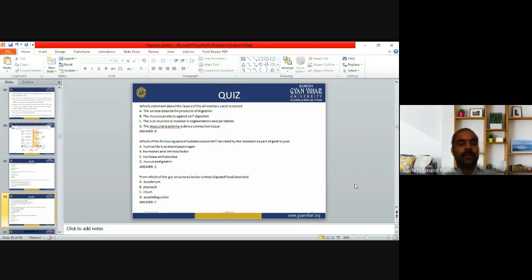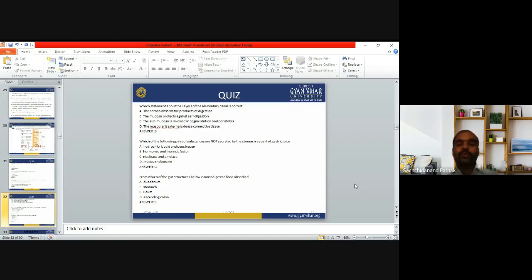Now, last question. From which of the gut structures below is most digested food absorbed? There are several gut structures: the duodenum, stomach, ileum, and ascending colon.